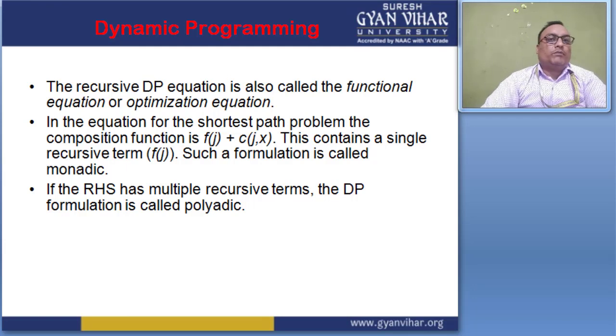Here this is the dynamic programming recursive equation, also called the functional equation or the optimization equation. It means the equation is formed by the last solution. In the equation of the shortest path problem, the composition function is fj plus cjx, and this contains a single recursive term fj only, and such a formulation is called monadic.